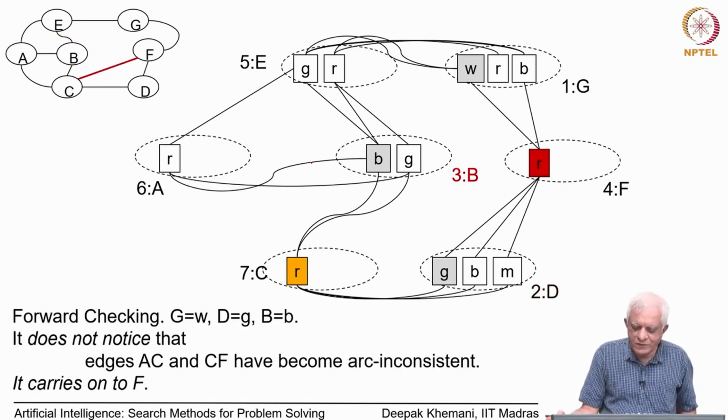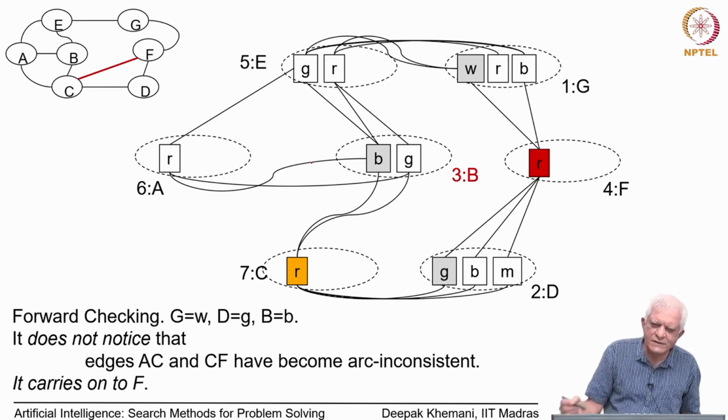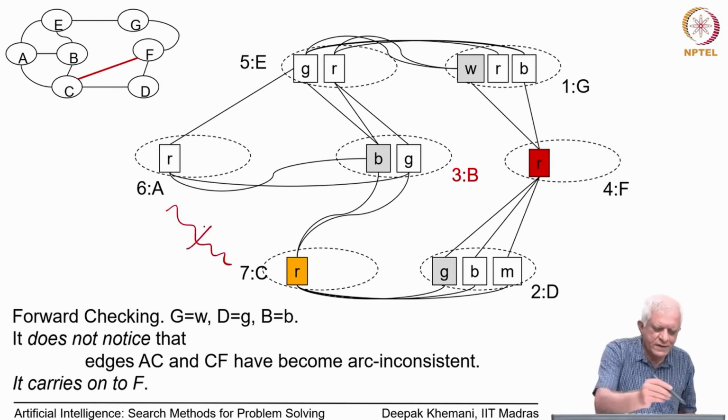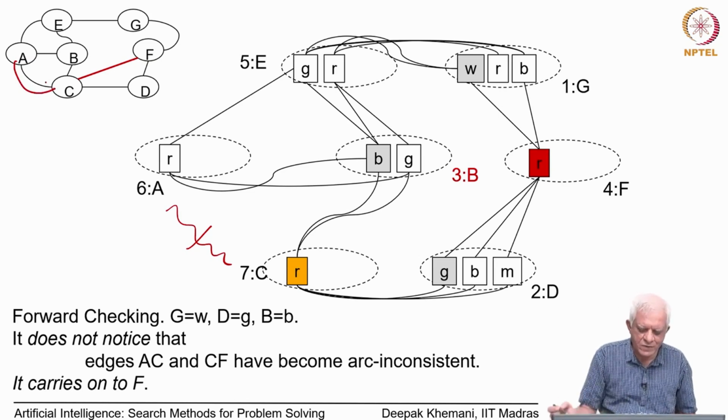Then we will move to the fourth variable, but at this point, because forward checking is doing only very limited kind of look ahead, it does not notice that these two variables have become arc inconsistent. They have only one value R, and they are connected to each other in the constraint graph. So, you can't give R to both of them, it does not see that, and it goes ahead and gives a value of R to the fourth variable, this thing.